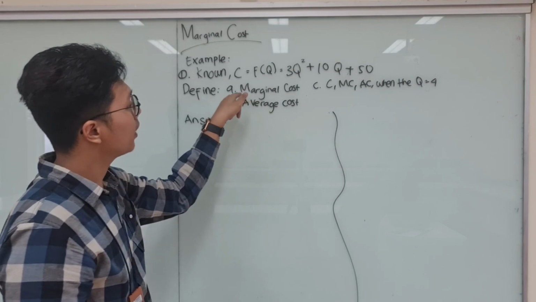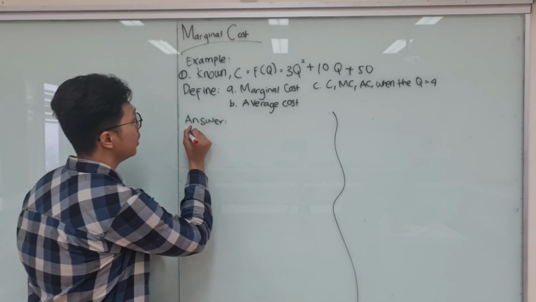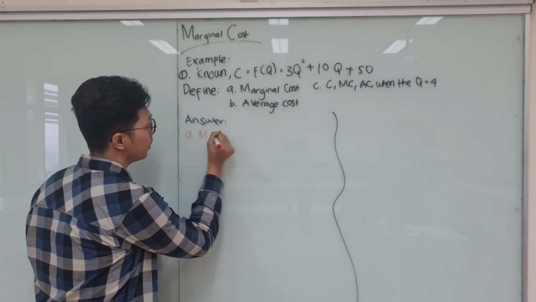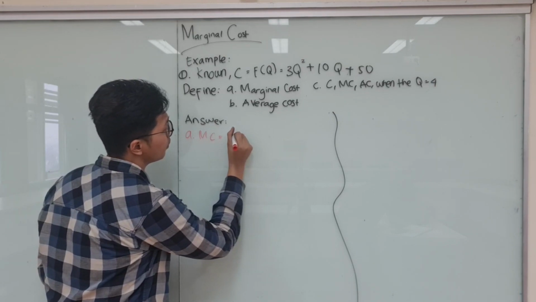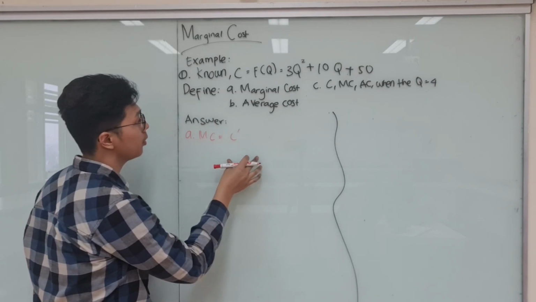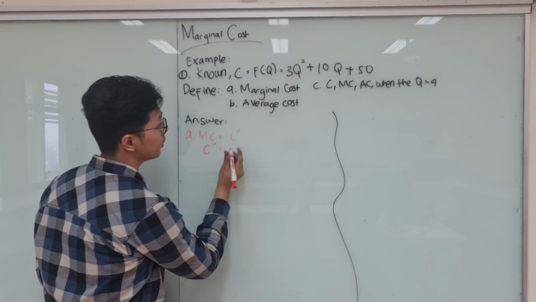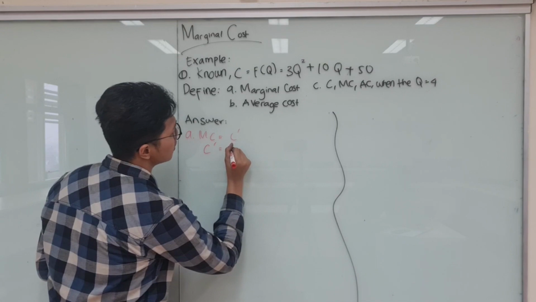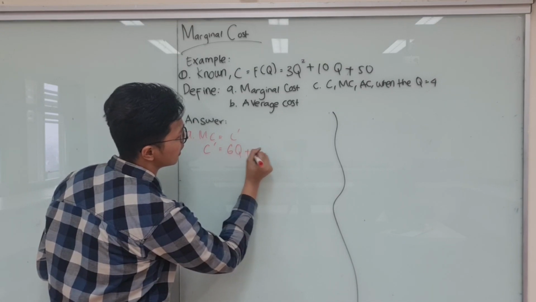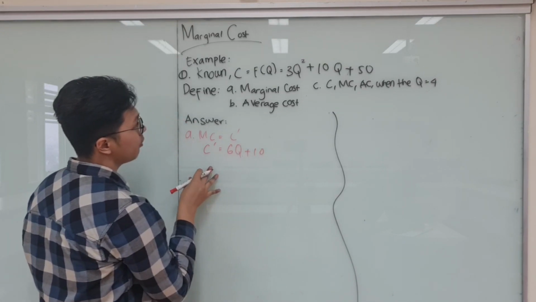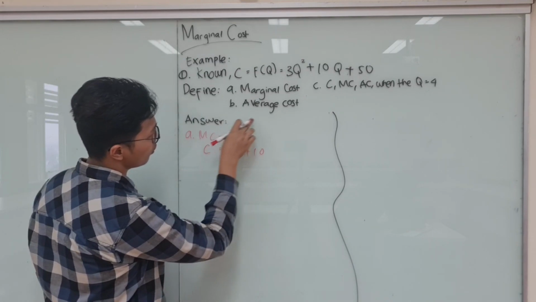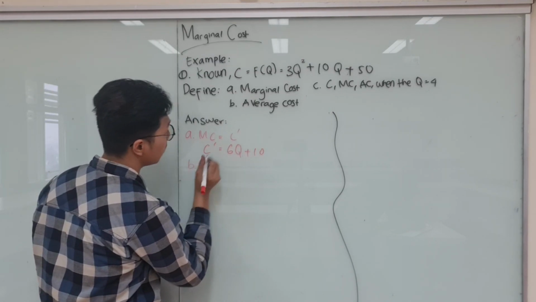So we find the marginal cost first. The MC equals the first derivative of the total cost. So the first derivative of C is 6Q plus 10.